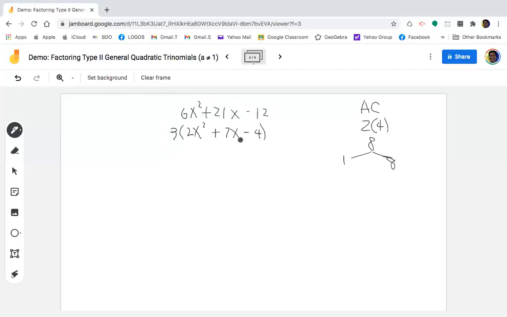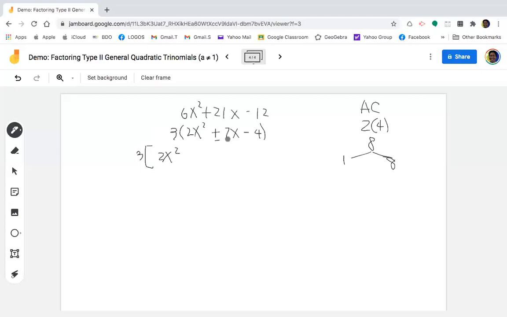So we can now rewrite the middle term. Now, so that we don't forget the GCF, I'm going to use a bracket, because we'll be using parentheses. That's the reason why we need a bracket. So we have 2x squared.